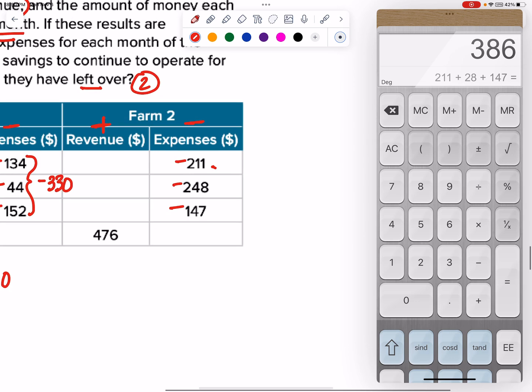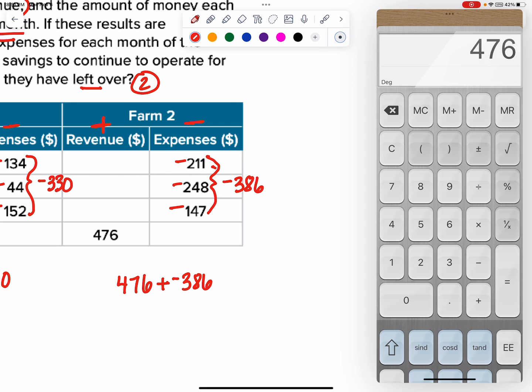Okay, so negatives, we have negative 386, so 476 positive, plus a negative 386, different sign subtract, 476 minus 386. Keep the sign of the bigger number, so it's positive. So we have a positive $90 here.